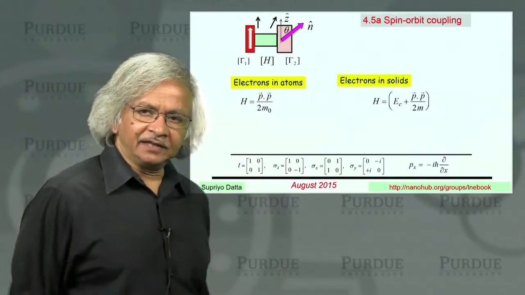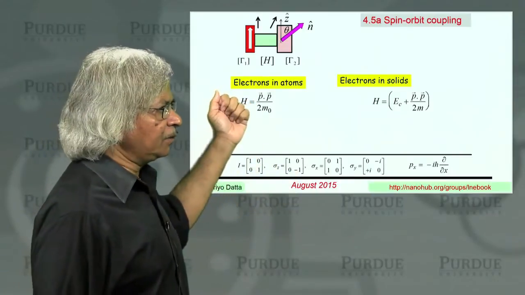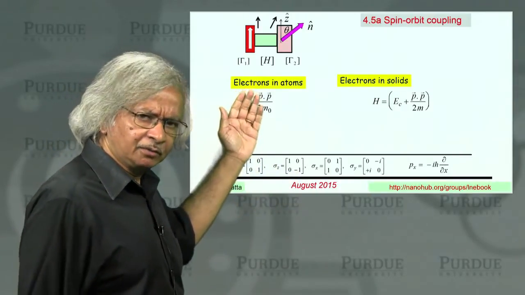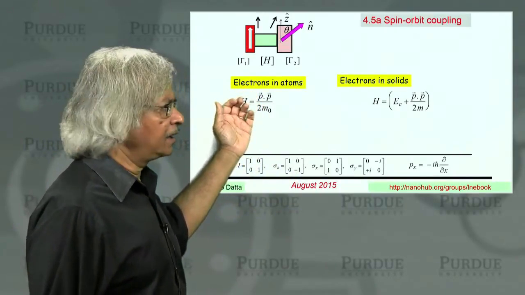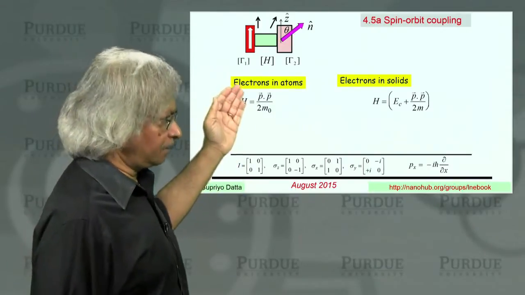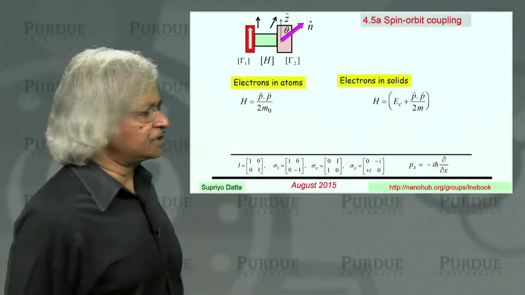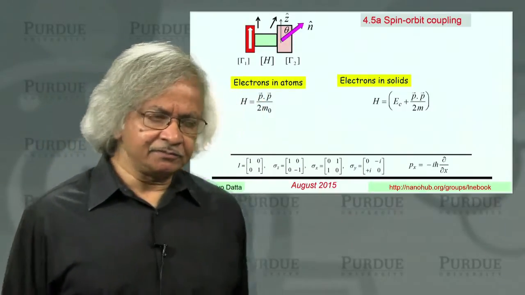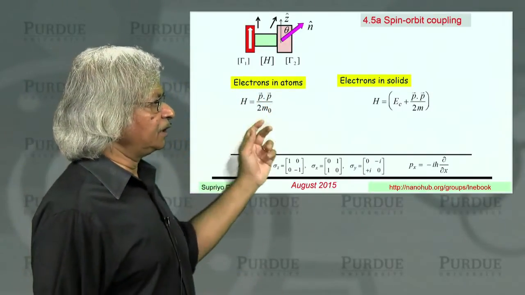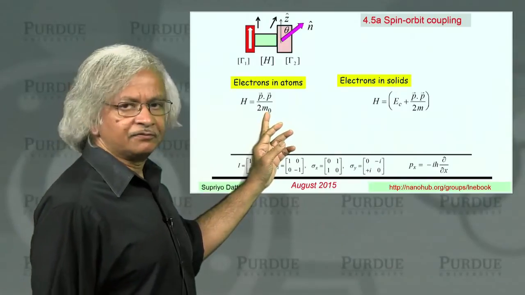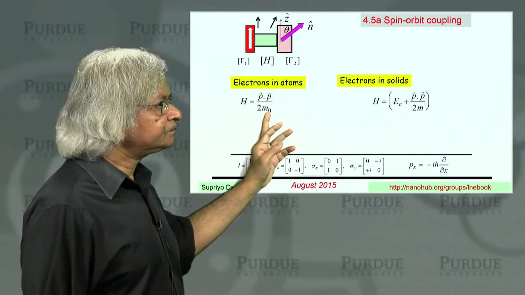Now, in this context, first I want to remind you, this is something we talked about in part A and also in part B, that usually when you're talking of electrons in vacuum or in atoms, you have a Hamiltonian where this mass is the free electron mass.